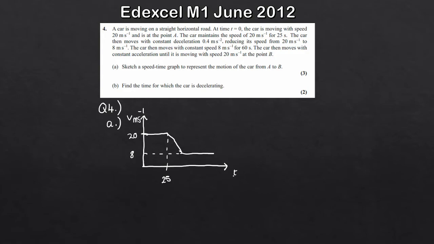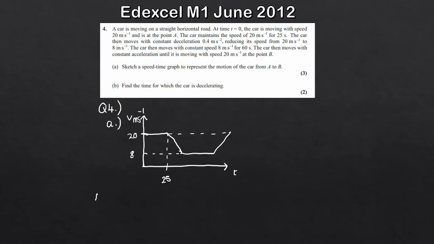So remember, constant acceleration, it's going to be a straight line, looking something like this until it gets to 20 again. Okay, again, just a rough sketch, but just to give you an idea of what's going on. It's not brilliant, but hopefully it now makes a bit more sense on how to sketch a graph like that.